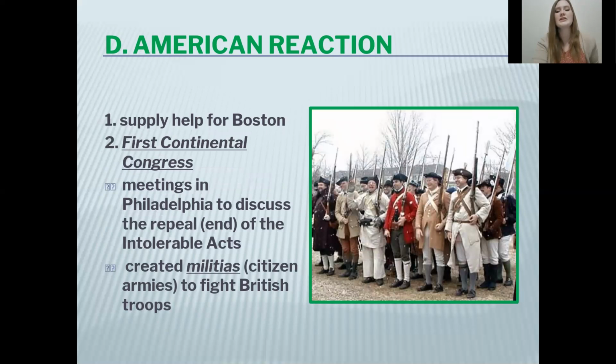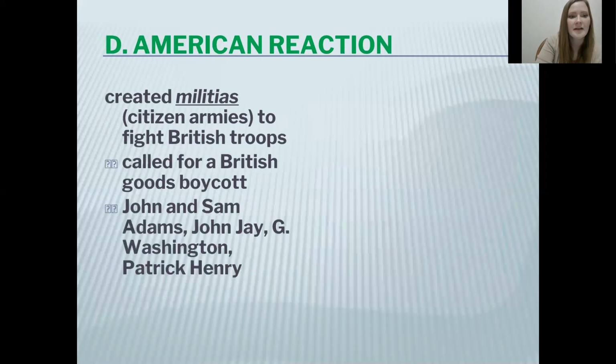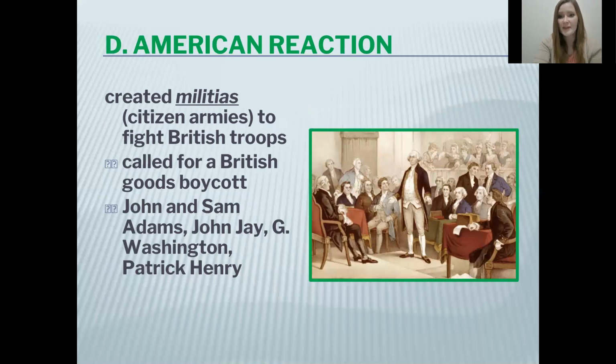Once they got their militia together, that's like a standing army, a force that can actually fight the British. And then, like I said, the British goods boycott. They had already been boycotting the tea, but now they're calling for even more of that. And then we'll have John and Sam Adams, John Jay, George Washington, and Patrick Henry, as you can see here.